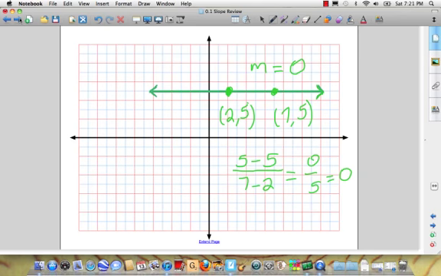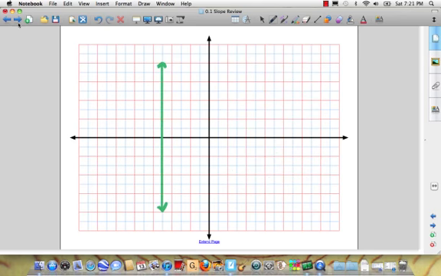Okay, let's look at a vertical line. Same idea, I just take 2 points. Let's do that one and that one. Alright, so this one is 5 units to the left, so I use a -5, and then it is 6 units up.